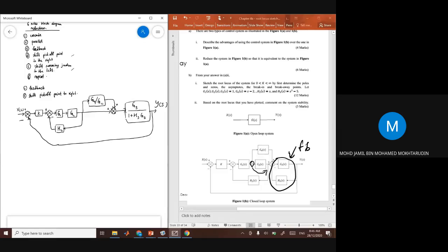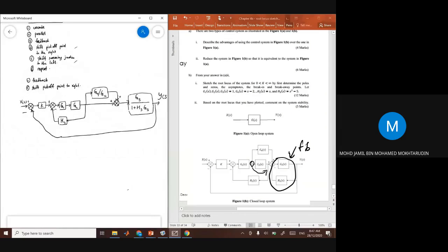Okay, so you shift this point to the right, so you get G4 over G2, and then feedback, you get G3 over 1 plus H3 G3. Okay, then from here, you can see that these are parallel, and these two here is cascade plus feedback.